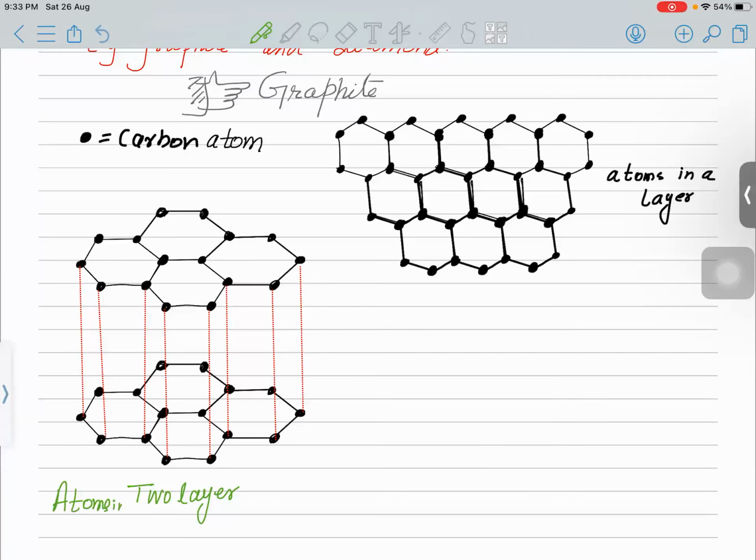Number two, it has hexagonal structure. Can you tell me what is hexagonal structure?